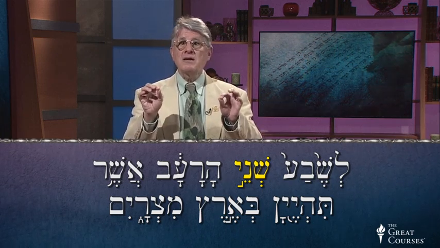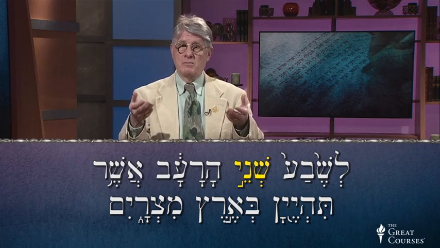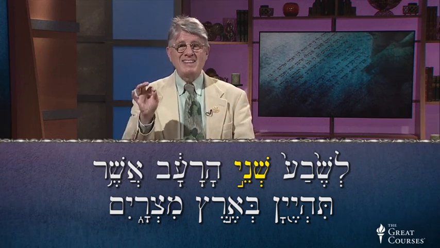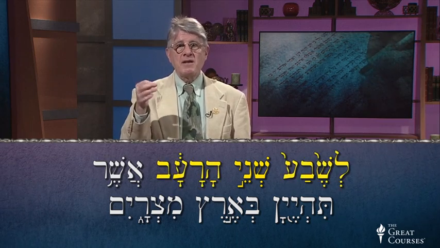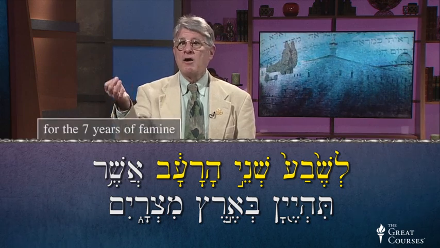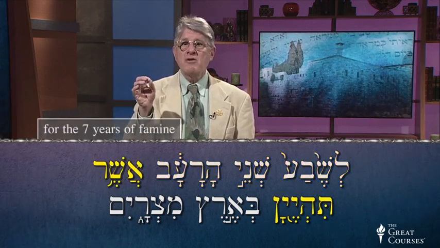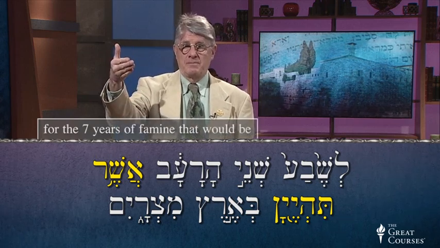This is not the construct of shnayim, the number 2. It's the construct of shanim, years. Despite the ending, it's a feminine noun. Lesheva Shnei Hara'av, for the 7 years of famine, Asher Tihiena, that would be.